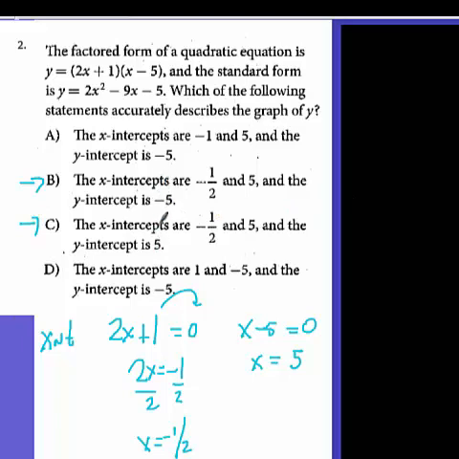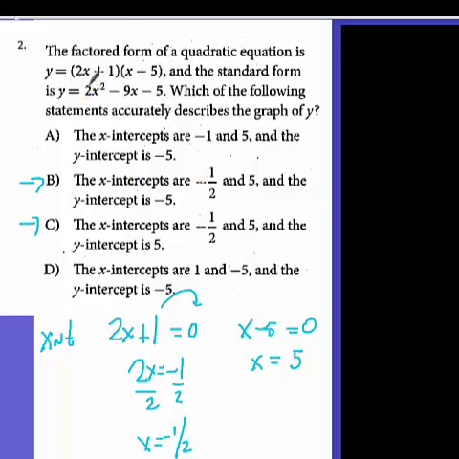Well, that's where we have to use the other part of the information that we're given. So use the first part, use the second part. So now here, let's think through this for a second. When do you get a y-intercept? Well, you get a y-intercept when x is 0. So the only time that you can get a y-intercept is when x is 0.